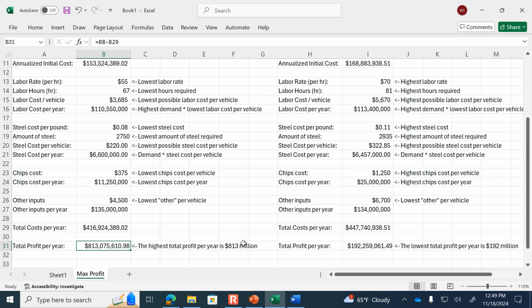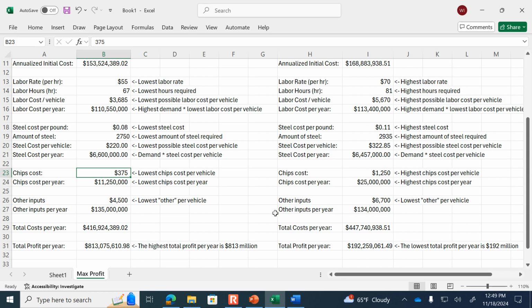You're probably already familiar with the idea of a bell curve, right? Where maybe the highest possible and the lowest possible values, so let's just use the chip prices. 375 is the lowest possible price for the chip. The highest possible was 1250.